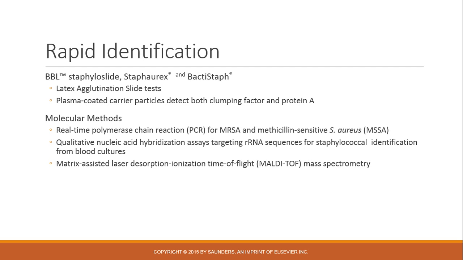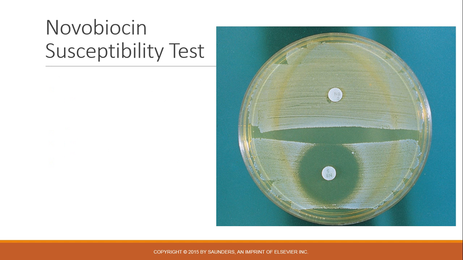There's other things like molecular methods that you can use to identify Staph aureus. You can actually test for methicillin resistance, but we're not going to go into those kinds of methods, but just be aware that there's other molecular methods out there.